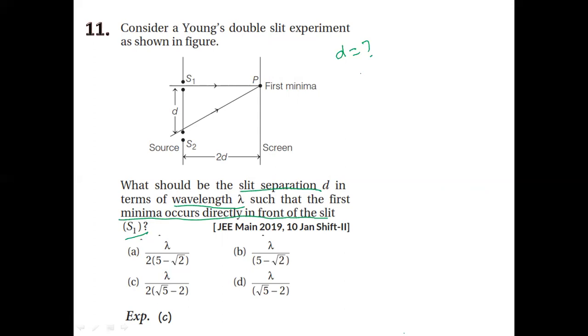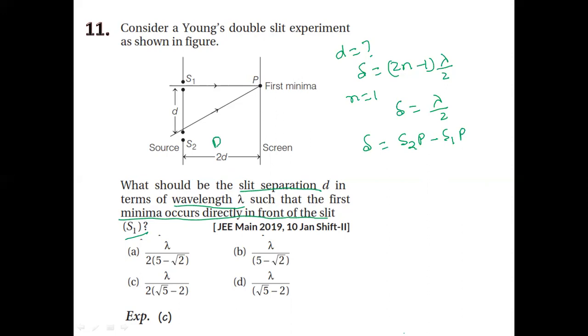Whenever the first minima occurs, the path difference will be (2n minus 1) into lambda by 2. Since they gave first minima, n equals 1, that is delta equals lambda by 2. From our concept, path difference means S2P minus S1P.